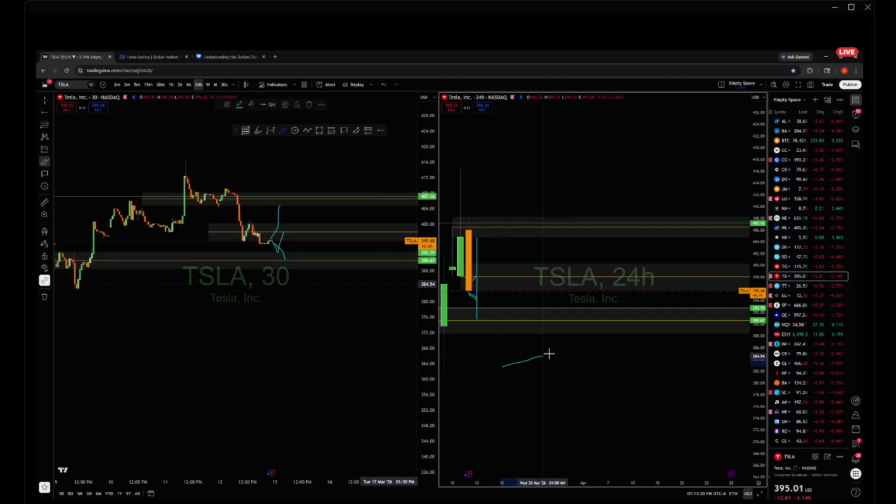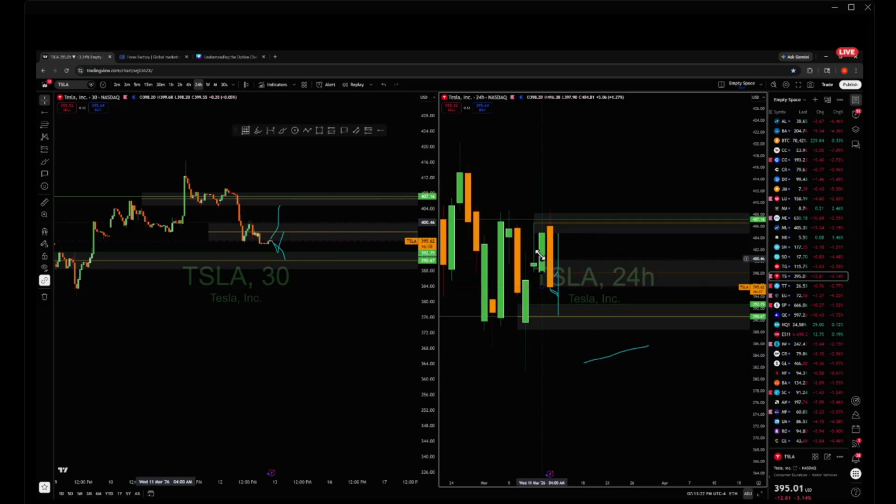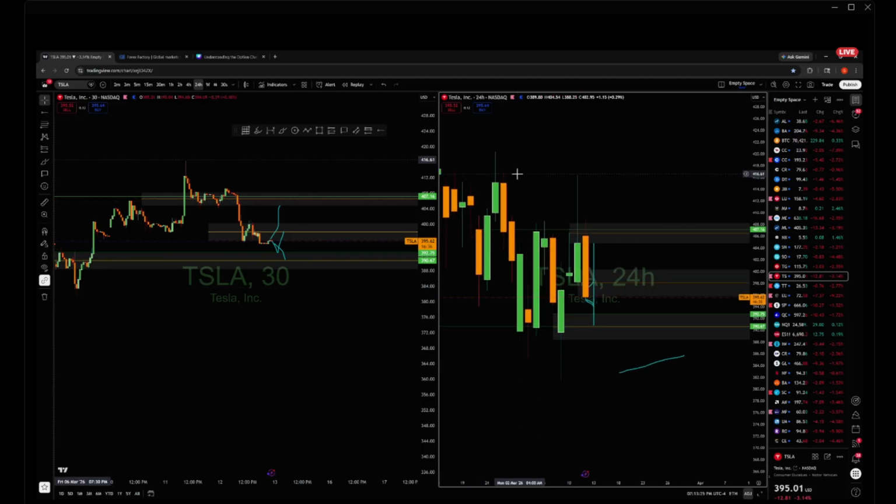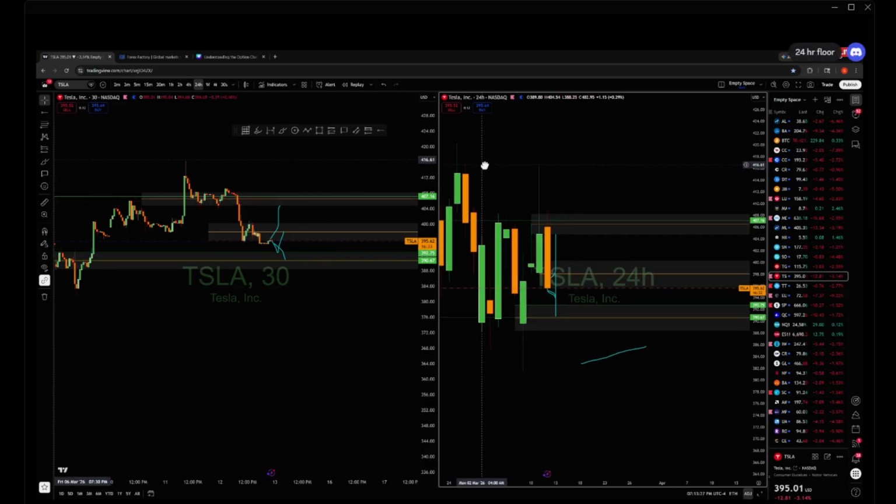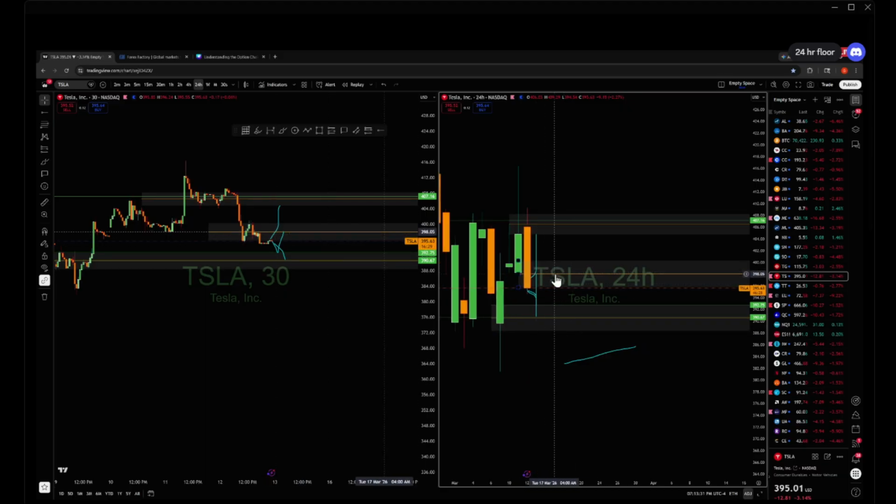We usually see these big wicks push off of something, and oftentimes it will be the bottom of those floors. So my cost basis, the 50% mark of that box, would also be telling me that I'm potentially recovering a 24-hour floor, which is a big thing. It's hard to break 24-hour floors intraday, but it's not that hard to recover them.